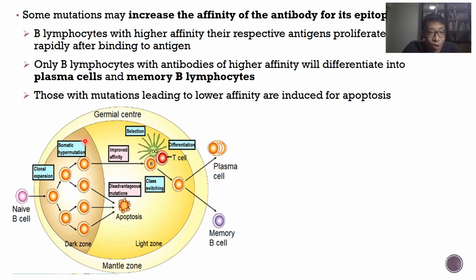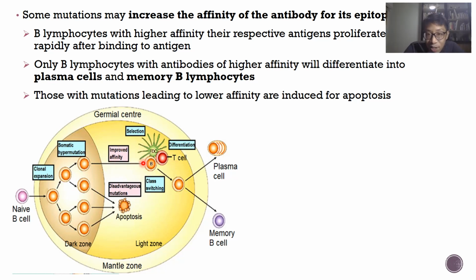All right. So among this group of cells, some of them will have this improved affinity. And such cells would be better able to bind to the pathogen, right?